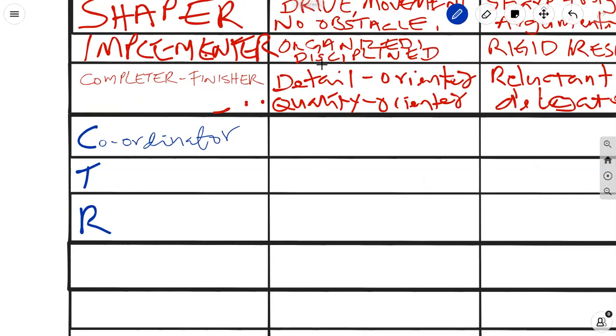So let's talk about the coordinator. The coordinator has, you could call it, a classic team member role. They are confident, they're mature. You could call them exemplary listeners. I'm talking about active listening. These are the people who could very well exemplify that.